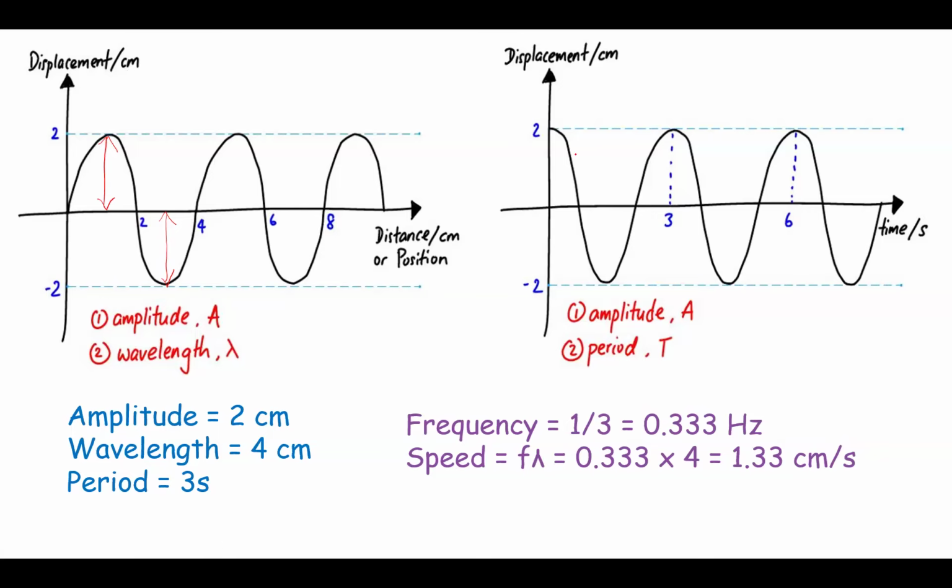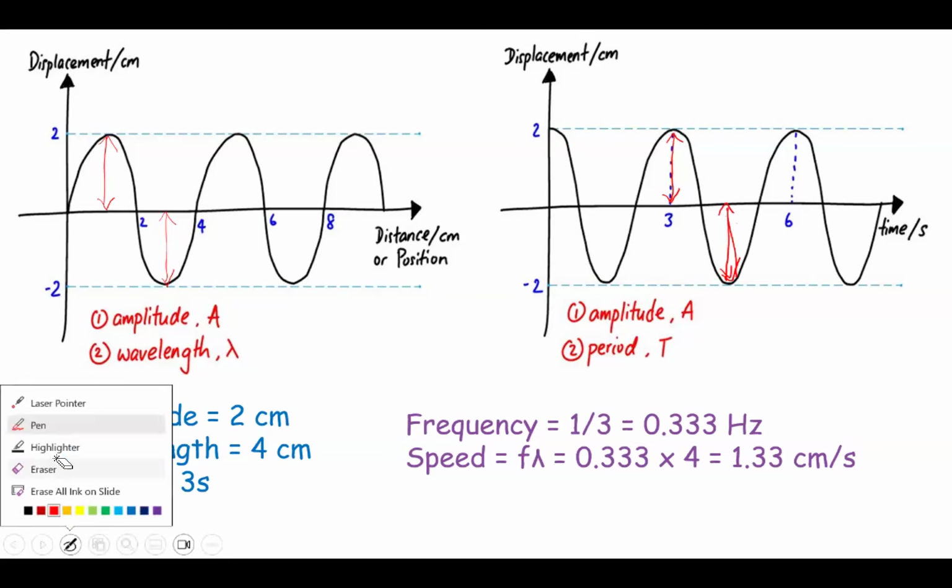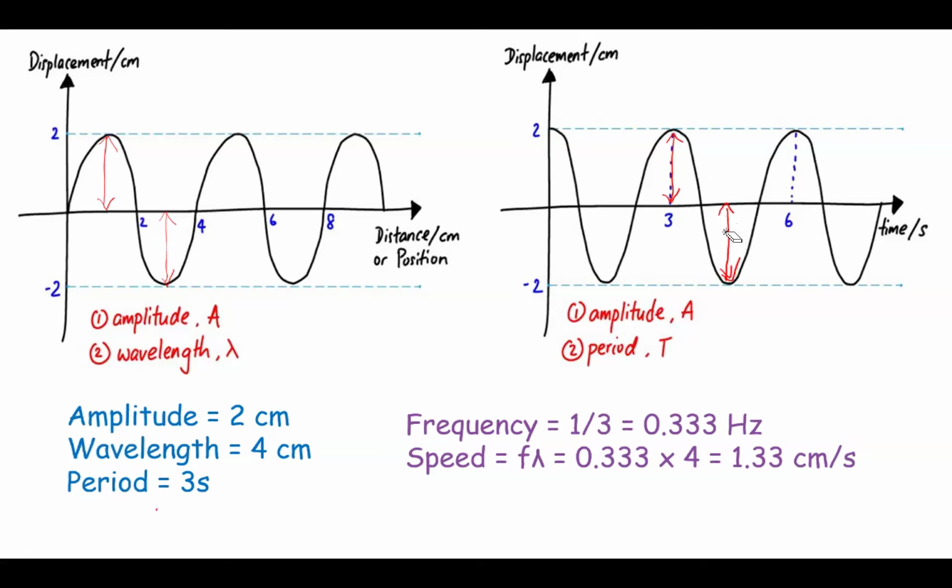It's the same for both graphs, because both graphs represent the same wave. So the amplitude over here is also 2. So the amplitude is 2 cm for both graphs. The y-axis is in cm.